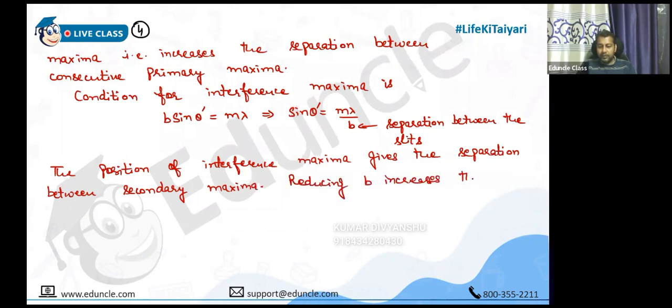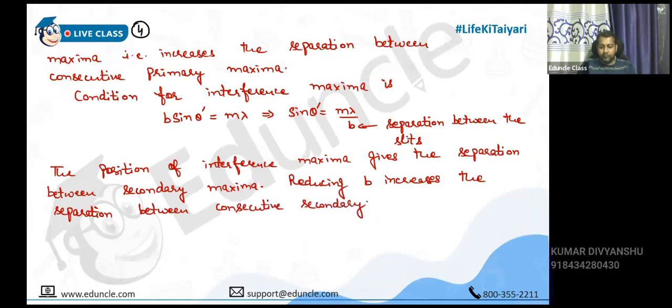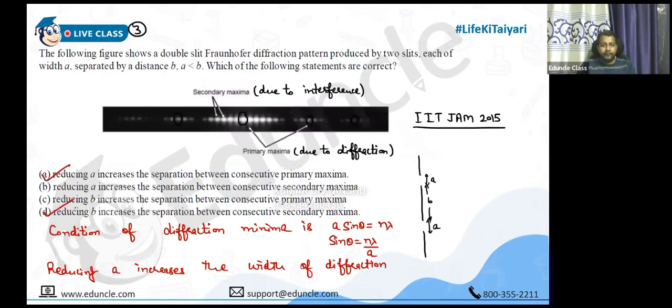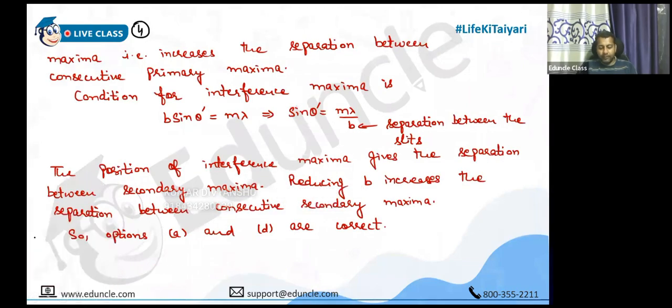So reducing b increases the separation between consecutive secondary maxima. So options A and D are correct. Please read, now check the options. This kind of question is very, very important, which makes use of the combined phenomena of interference and diffraction.